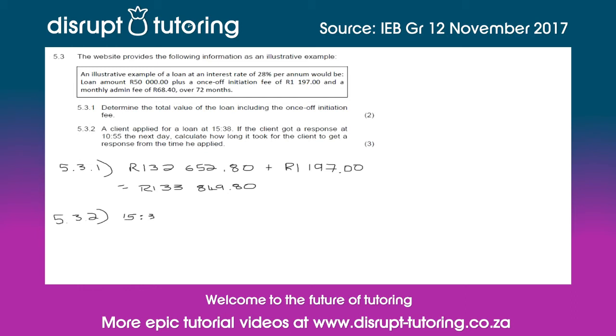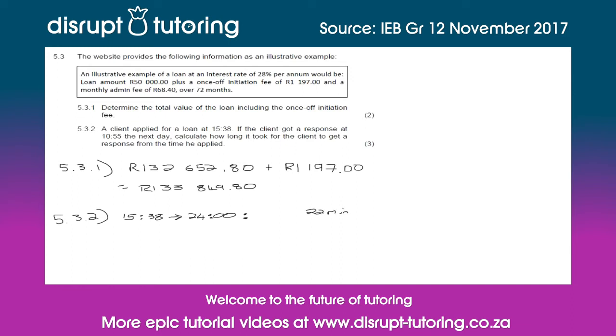3:38 in the afternoon to midnight, so we can break it up into 2 sections. So first we get from 3:38 to midnight, and then we can work out how long it took from midnight to 10:55. So to get from 3:38 to the next closest hour, which is 4, we need to add 22 minutes.